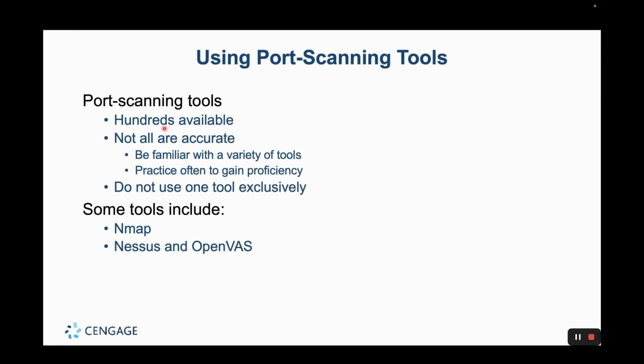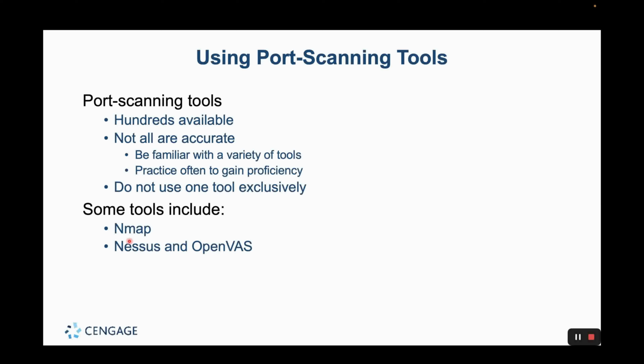Port scanning tools: there are many, many available, and not all of them are accurate. My recommendation is to become familiar with a variety of tools and practice often to gain proficiency, and focus on several very well-known tools which can provide you with accurate information, and do not depend on one tool only.